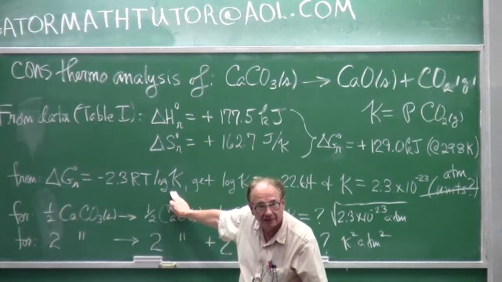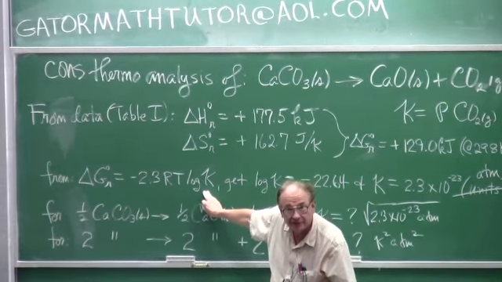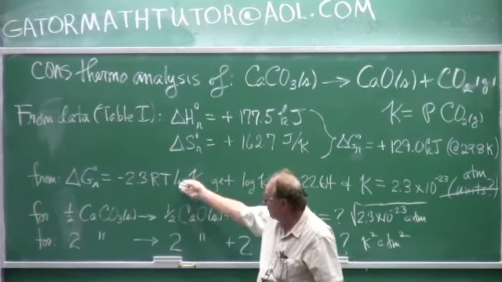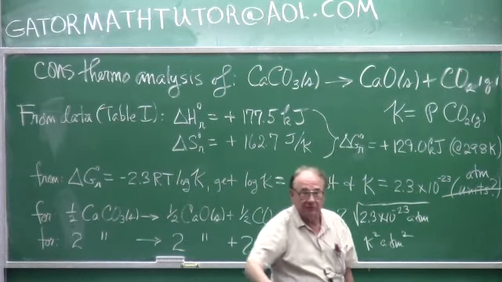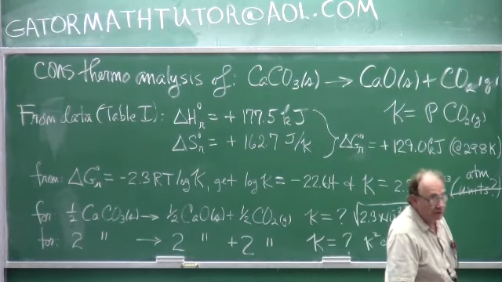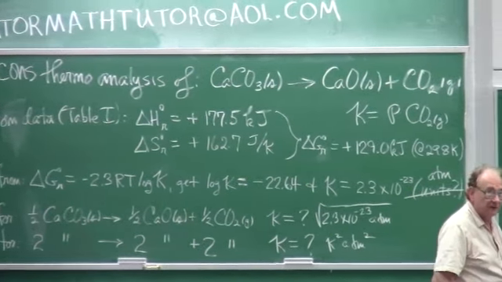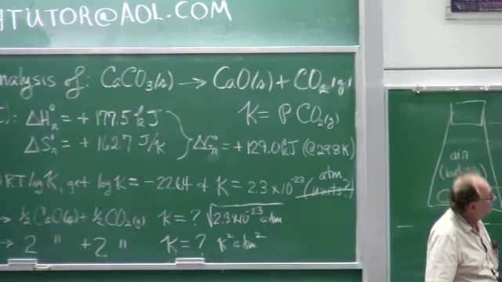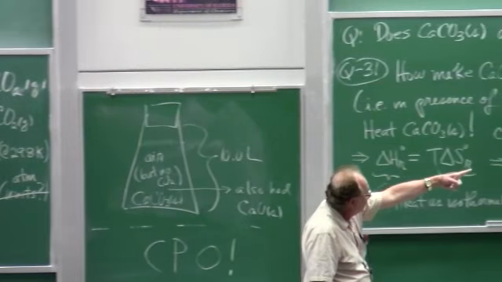You know this. Log of 1 is 0. Then delta G0 at a partial pressure of CO2 of 1 atmosphere for this reaction system is equal to 0. We wrote that down.